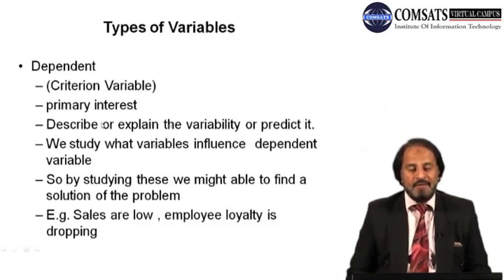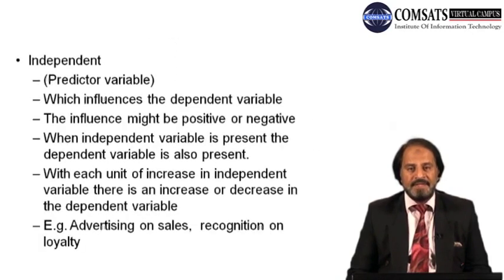So in a scientific manner, we segregated our problem into a dependent variable and factors which influence the problem. We consider them as independent variables, which are the predictor variables. These influence the dependent variable.